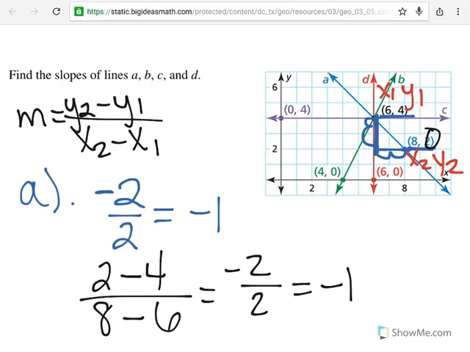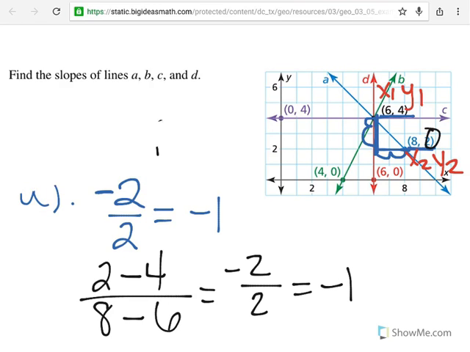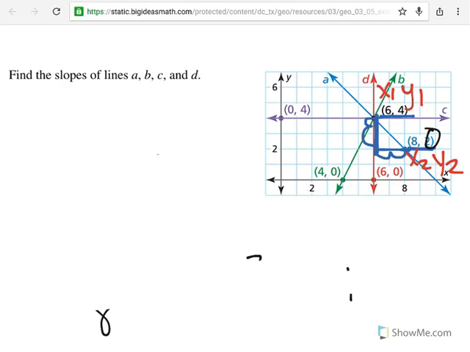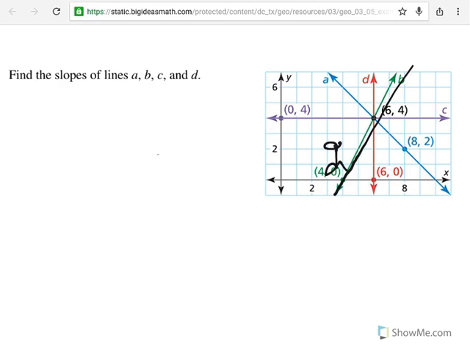Alright, we're going to find the slope of B. Okay, so if we look at B, we know that this is going up. So if we had my little dude and he was walking up the hill, we know we have to have a positive slope, okay? And we can just count on here.